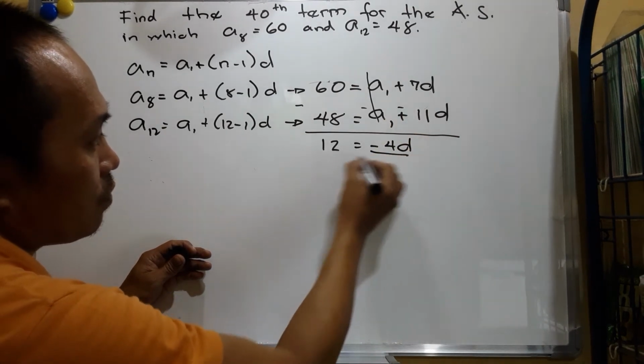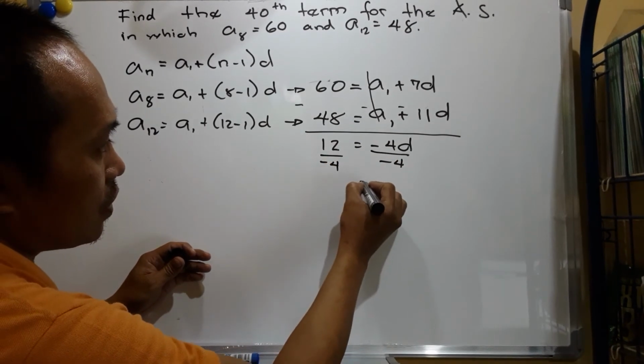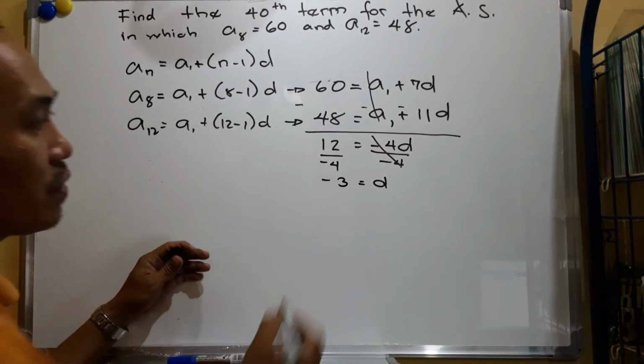Solving for d, divide both sides by negative 4. D is equal to negative 3.